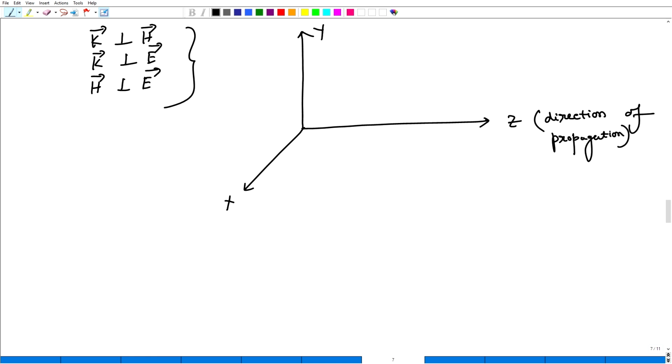And in x direction, then the wave will be, this is the electric field. So, electric field should be perpendicular to the direction of propagation.